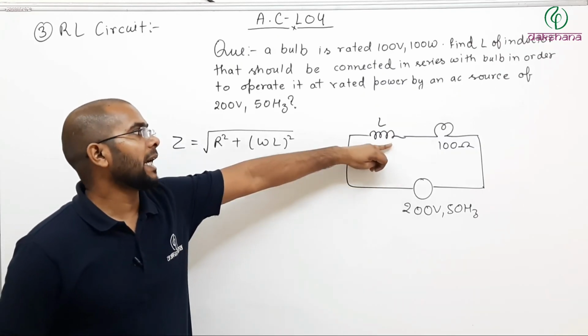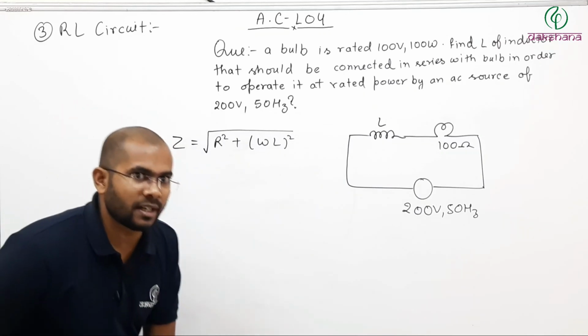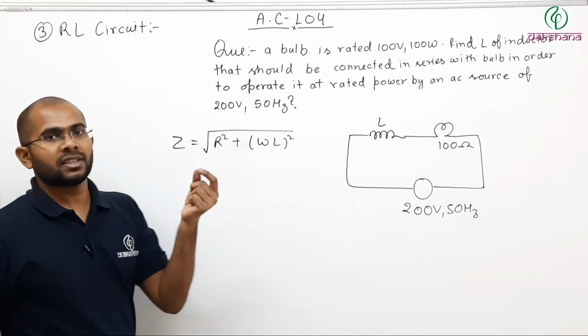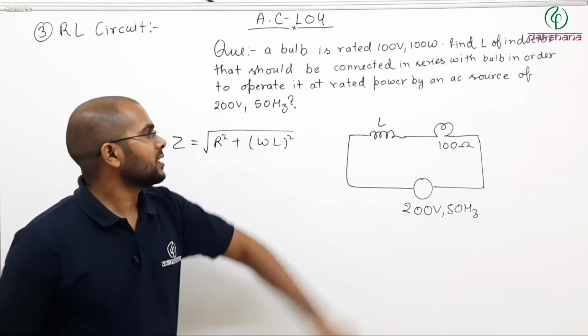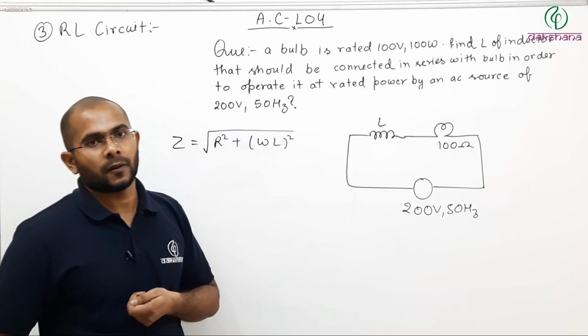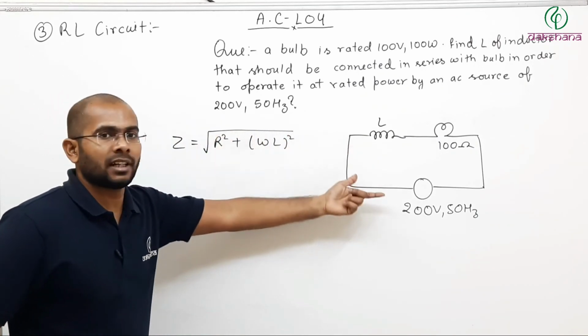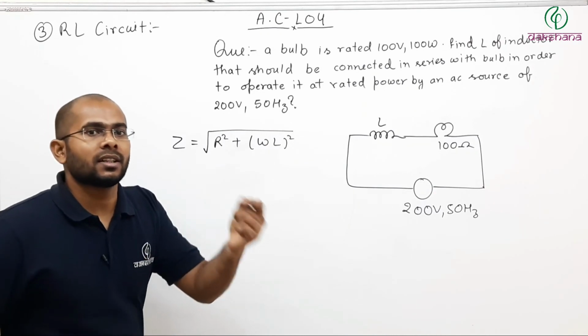But here when we add an inductor, what is the benefit? The benefit here is that effective resistance is increased, but this inductor itself is not wasting any energy, and that is why it is beneficial to add an inductor instead of a resistor.